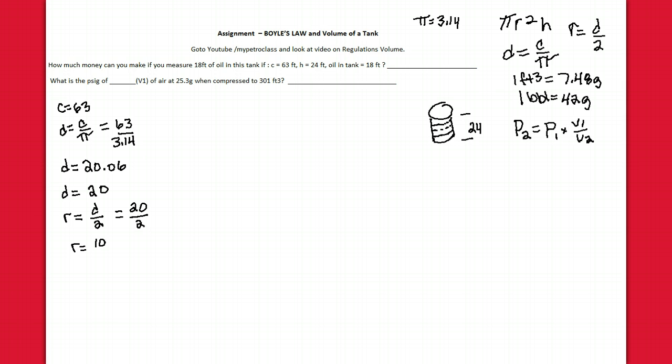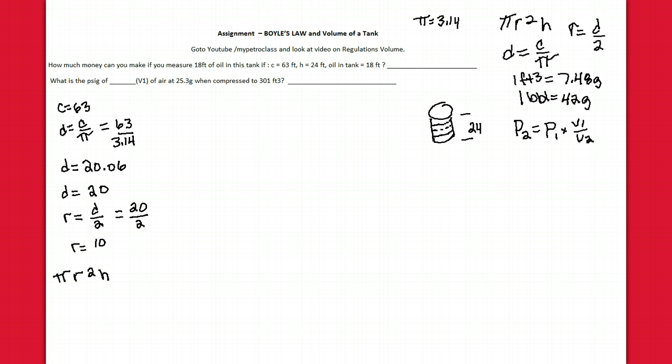So if we use our other formula, we'll have pi r squared h.